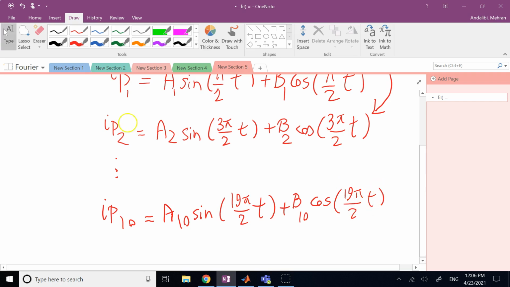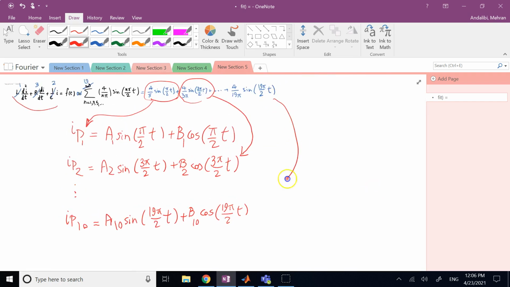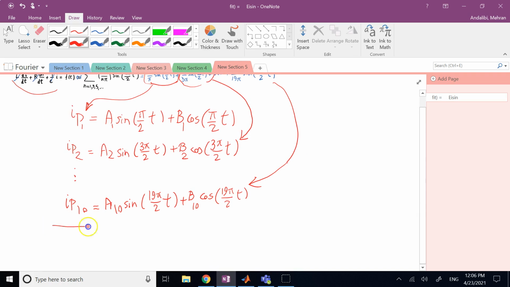And again, A10 and B10 you will find from plugging in for the last one. And then your total solution IP of t, the particular solution, will be the summation of all of these IPs. Why? Because the system is linear and I can do superposition.